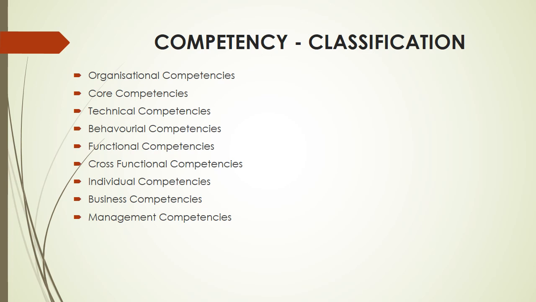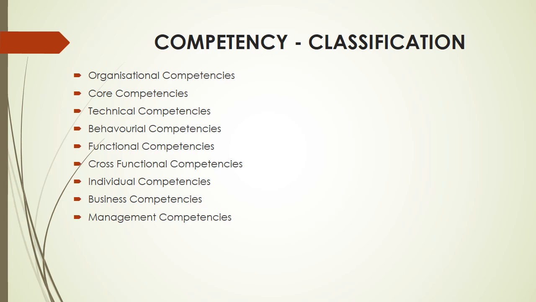Next is functional competencies. What are functional competencies? Let's take an example of an HR manager. The HR manager should have the competence of knowing the various functions of HRM, motivating the HR department, hiring proper professionals. All these are functional competencies. Cross-functional competency.